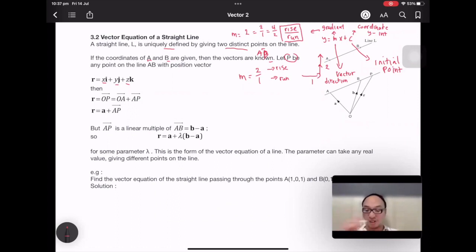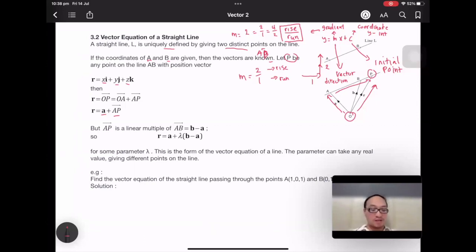You can see from the diagram, P is a position vector from the origin to any point on the line AB. Then we can have r as OP, right? And using the vector diagram, OP is the same as OA plus AP, where OA is a and AP is AP.